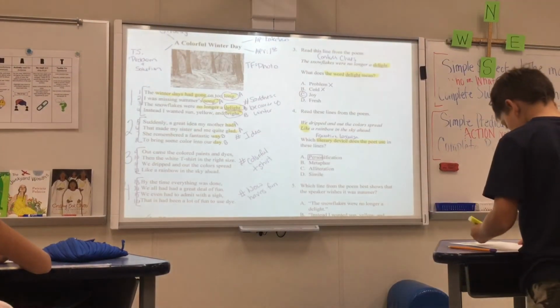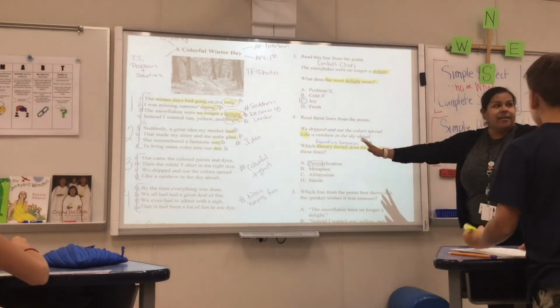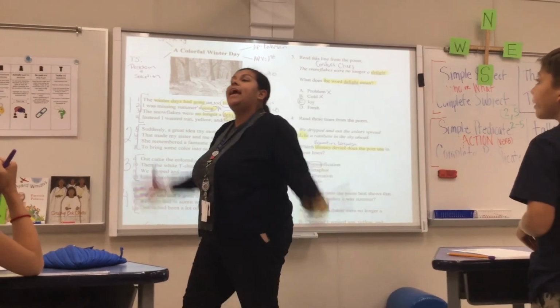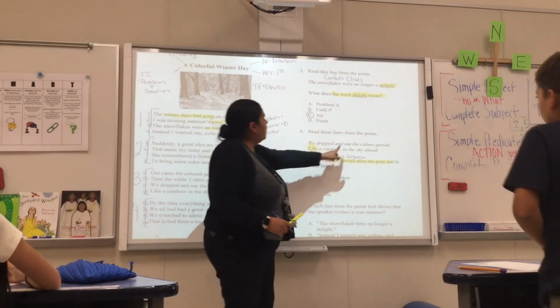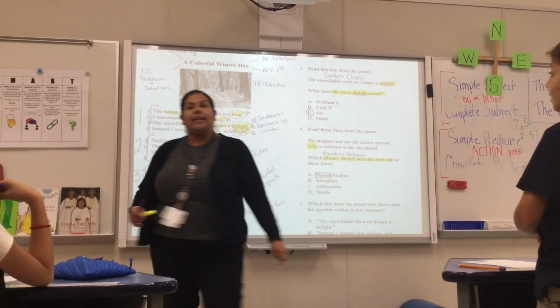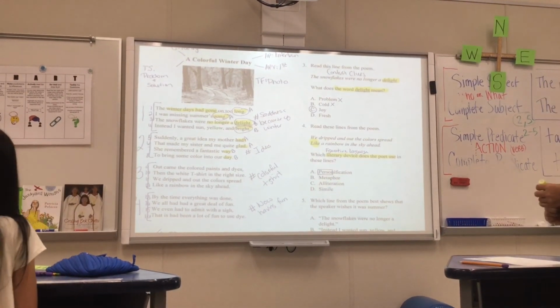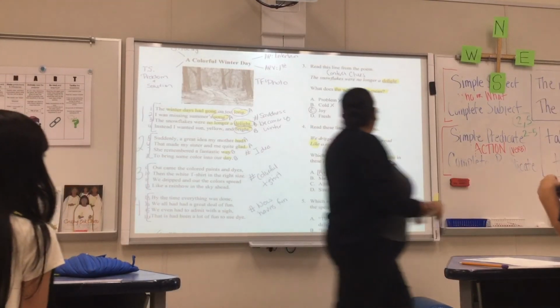Now the question is, does every sentence that has the word like contain a simile? No. You have to make sure they're comparing. What are they comparing? The way the colors spread to a rainbow.